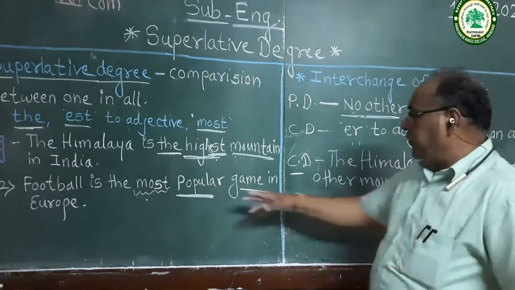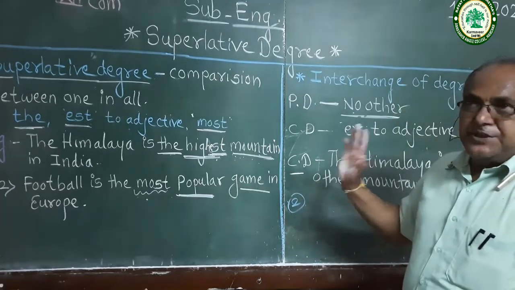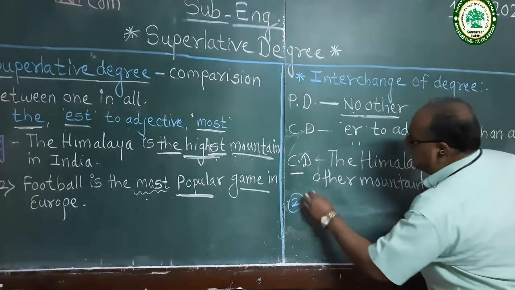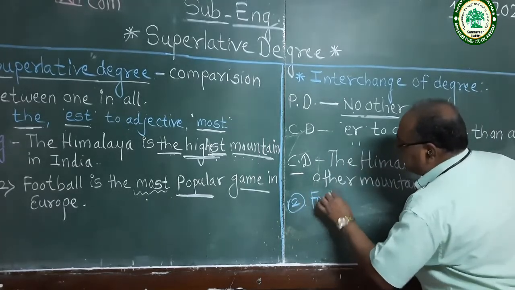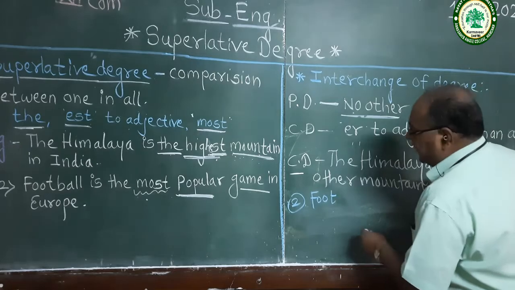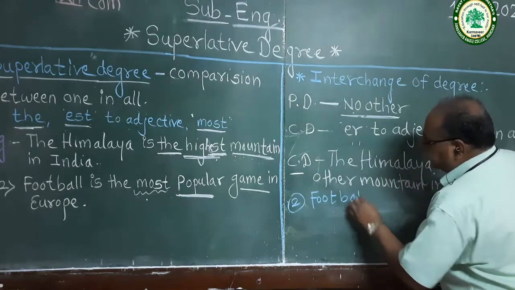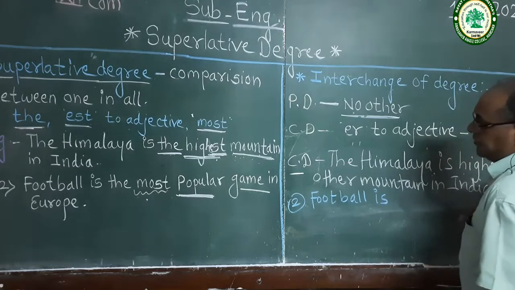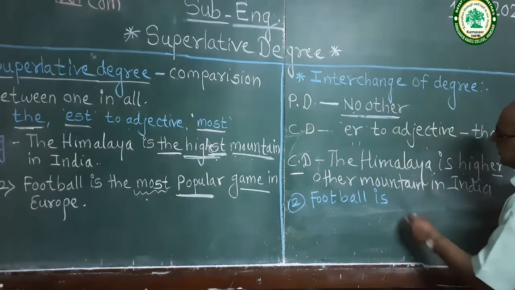Now second sentence. Football is the most popular game in Europe. This sentence we can alter into comparative degree. Begin the comparative degree with the same subject, football. Take the same form of "to be", "is". Remove "most" in the comparative degree.